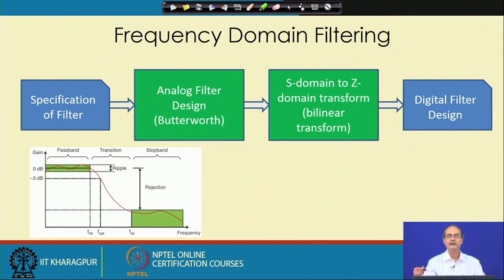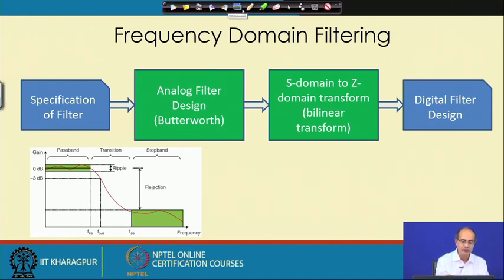For digital filter design, from the specification, first the S domain filter, that is the analog filter, is designed, and then using some S domain to Z domain transformation like the bilinear transform, it is mapped to a digital filter. And how are these specifications given?